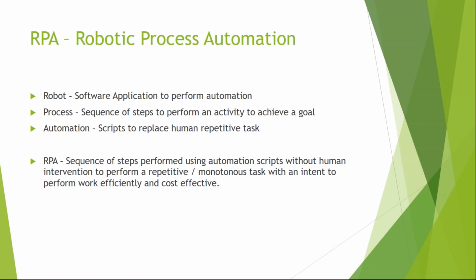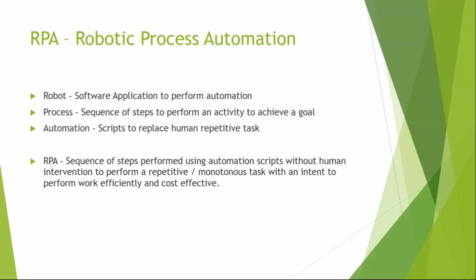This includes all rule-based tasks, whatever task we perform that is repetitive, monotonous in nature, going on a daily basis, and based on some rules, like fetching data from a website based on some rules, doing manipulations on your Excel based on some rules, or getting data from an Excel and feeding it into a website, portal, or application.